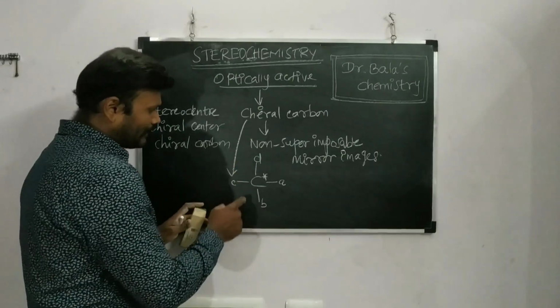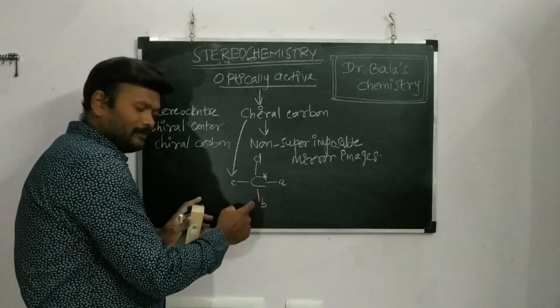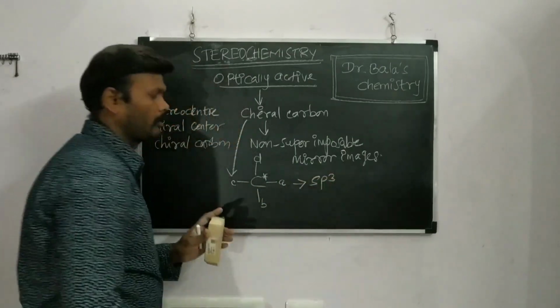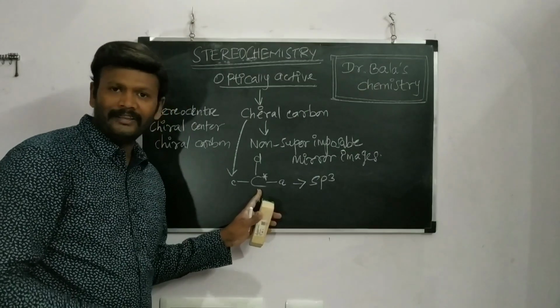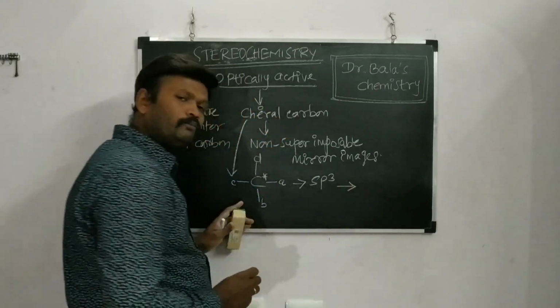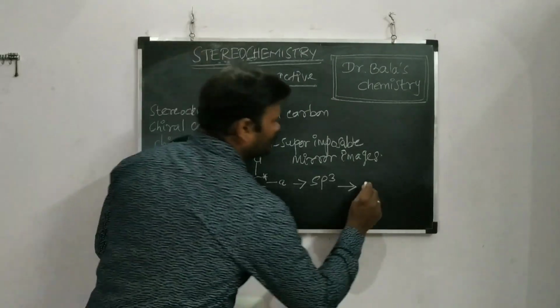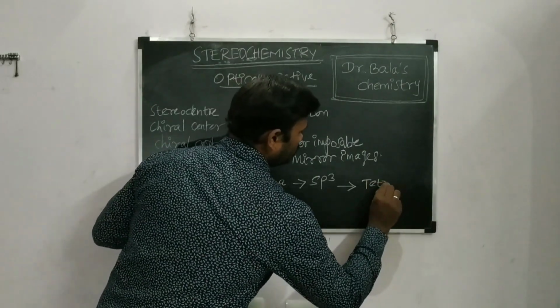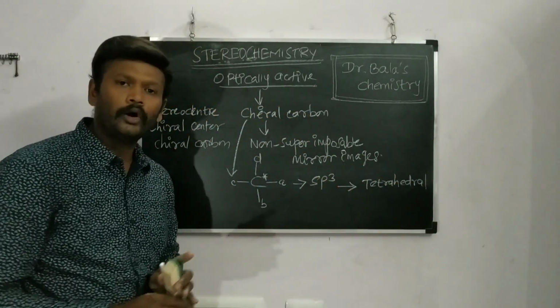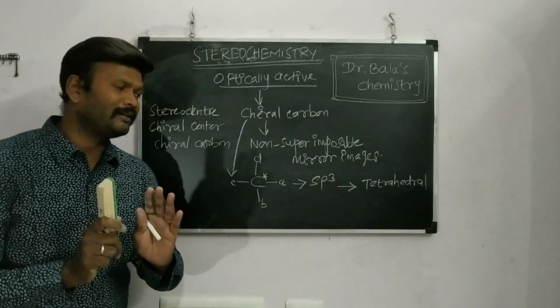If it is a chiral carbon with 4 different groups, it decides that the carbon is sp3 hybridized. Now if it is sp3, what will be the structure? The structure will be tetrahedral. Are you able to understand, students? It's a very, very simple concept.